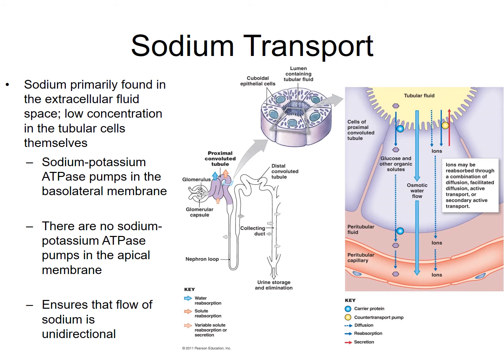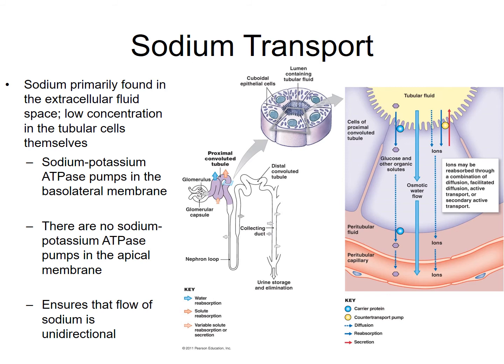The reason why there's a low concentration of sodium in the cell itself is because there are sodium-potassium ATPase pumps in the basolateral membrane here that move sodium from the cell downward out towards that peritubular fluid.